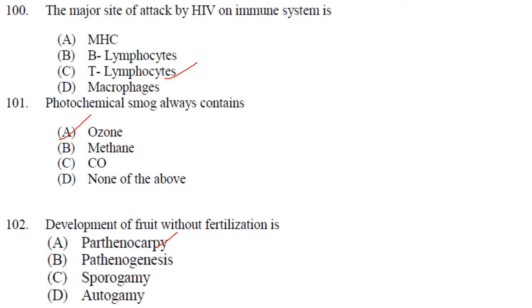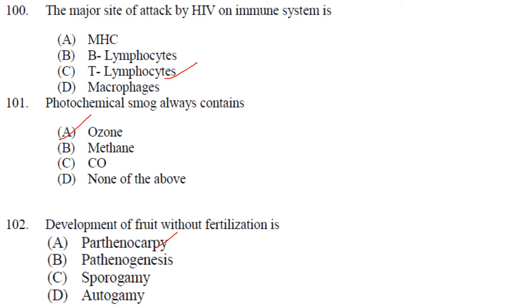So photochemical smoke is a mixture of pollutants that are formed when nitrogen oxides and volatile organic compounds react to sunlight, creating a brown haze above the cities. And the major undesirable components of photochemical smoke are nitrogen dioxide, ozone, peroxyacetyl nitrate or PAN. So answer is option A, that is ozone.